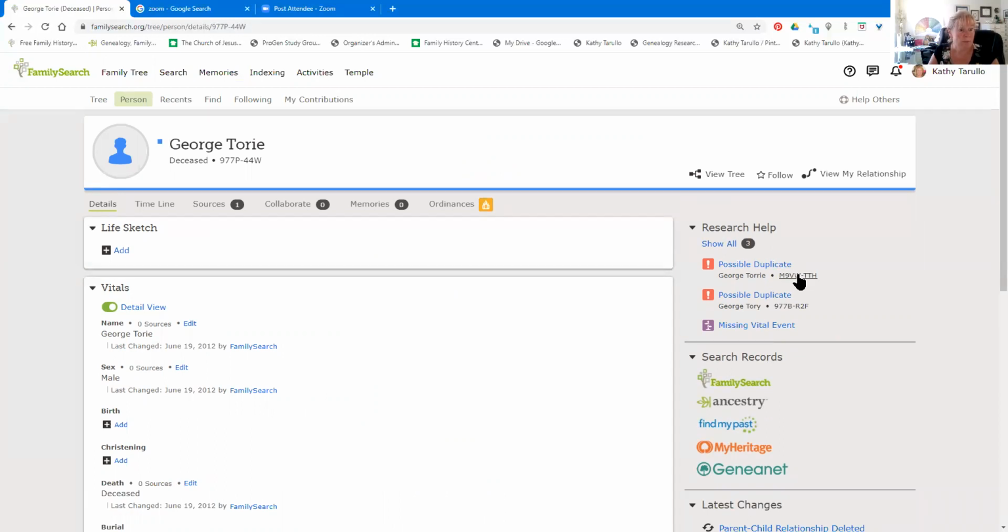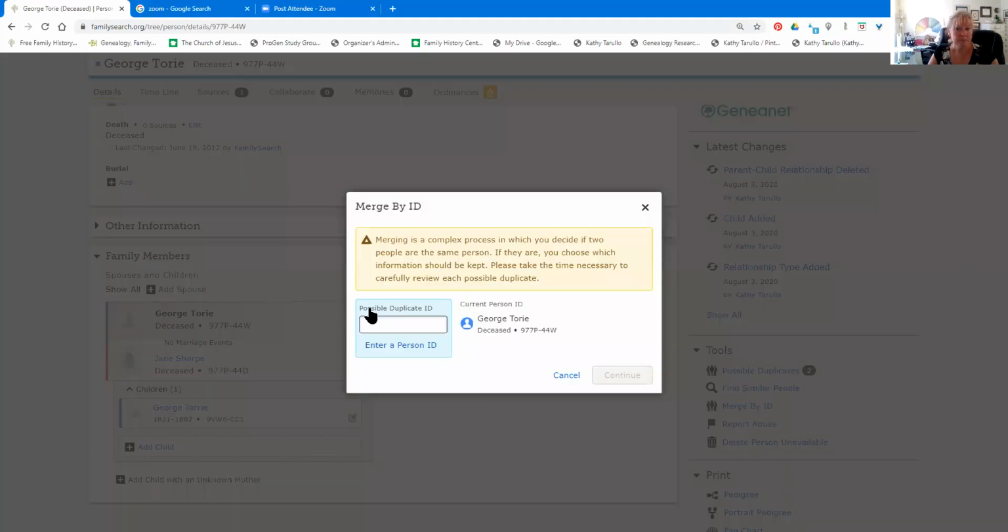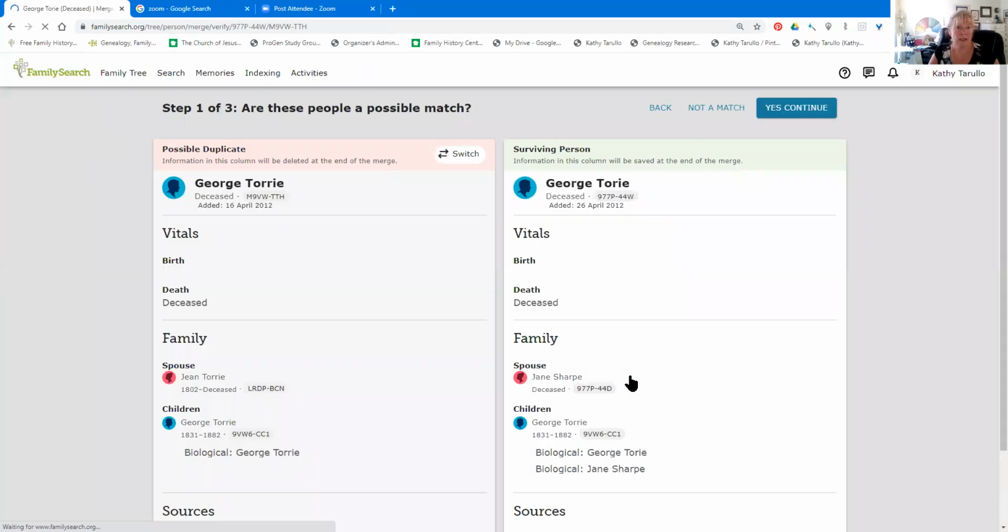If it didn't show up, and I still had a possible duplicate, I could come down here and say merge by ID, copy and paste my ID in, and then work through the process again for the father, George Torrey, and keep working through each family member until I have them merged and there's only one person in the tree.